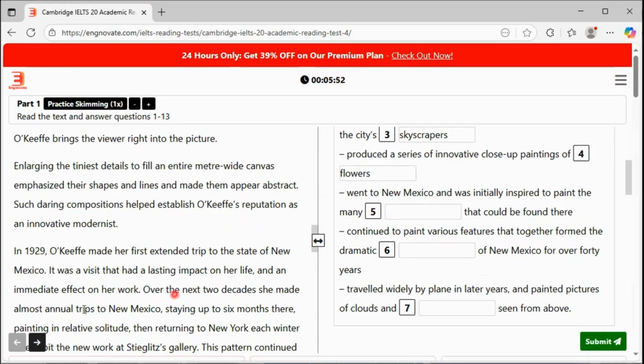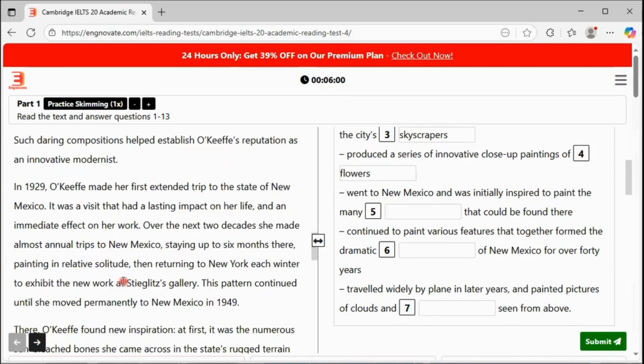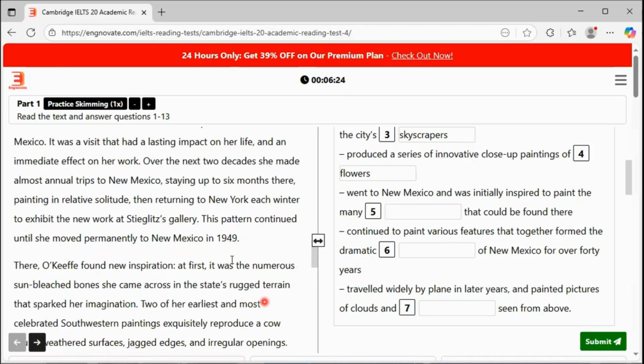Over the next 2 decades, she made almost annual trips to New Mexico, staying up to 6 months there, painting in relative solitude, then returning to New York each winter to exhibit the new work at Stieglitz's Gallery. This pattern continued until she moved permanently to New Mexico in 1949. Okay. Inspiration. There, where?